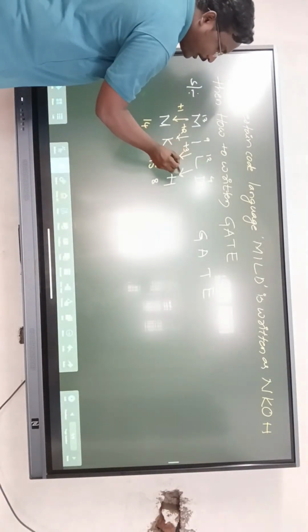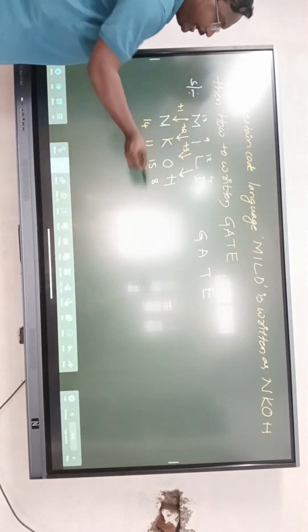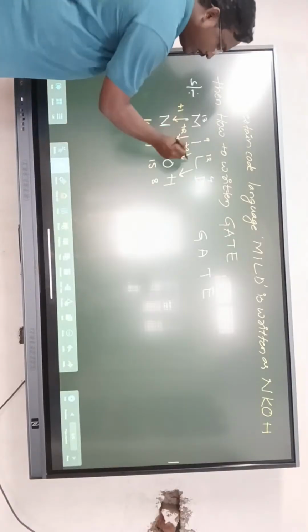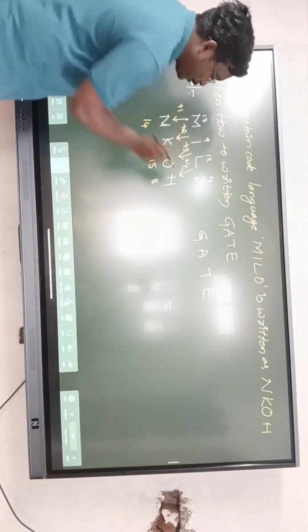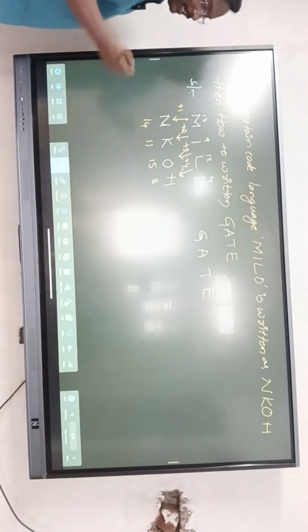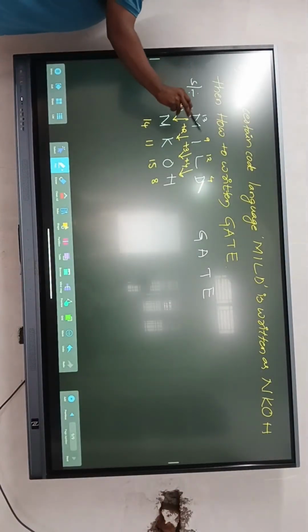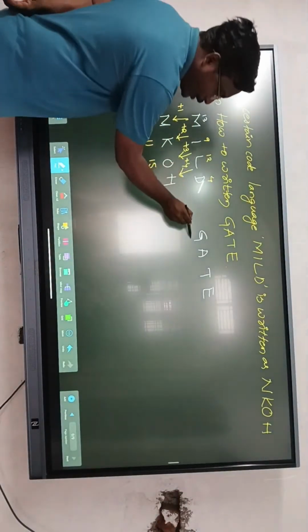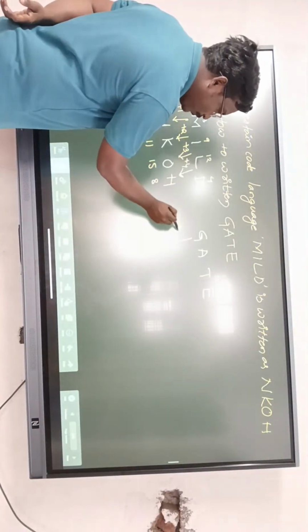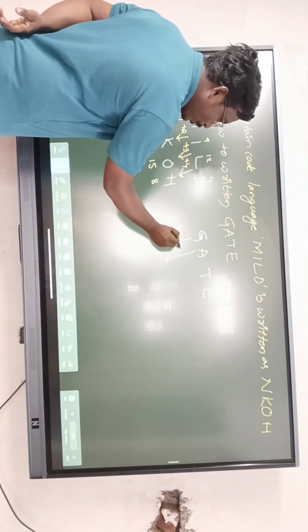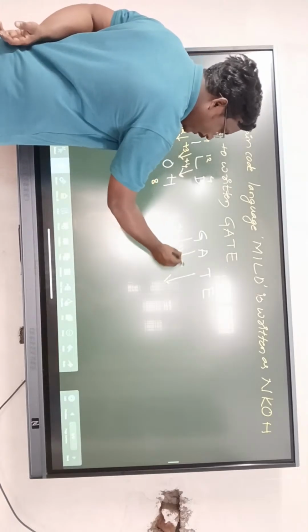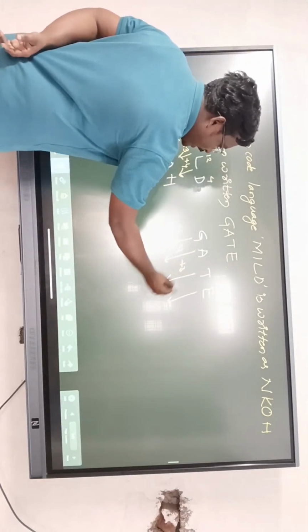Here D is 4 and H is 8; 8 minus 4 is 4, so plus 4. And it is an increasing order: plus 1, plus 2, plus 3, plus 4. Here also we can observe plus 1, plus 2, plus 3, and here plus 4.